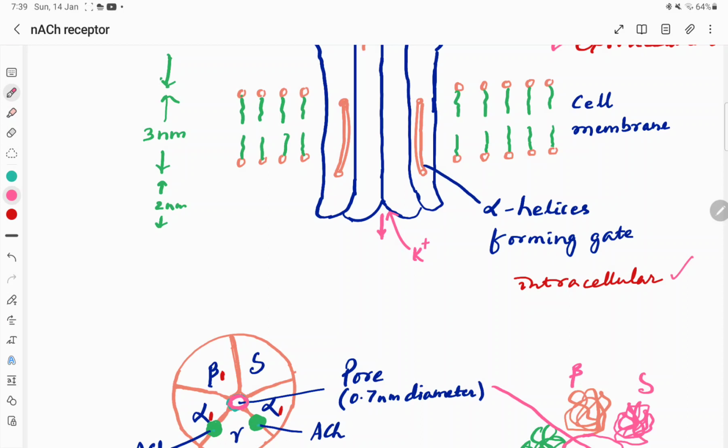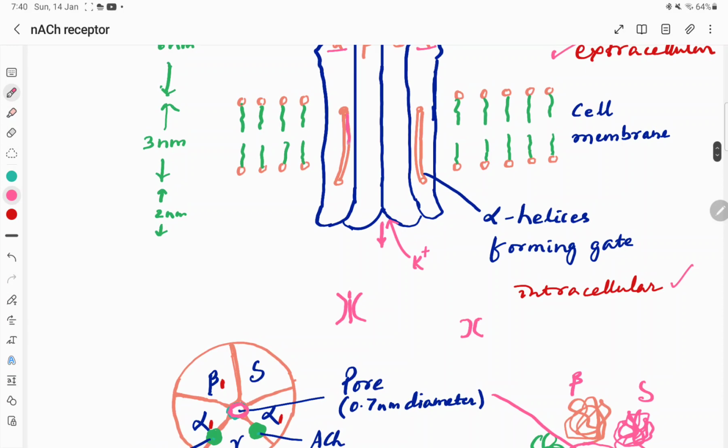The alpha helices of all the 5 subunits form the gate, and because of that the ion channel is closed. When this alpha helix is straightened, the channel opens.